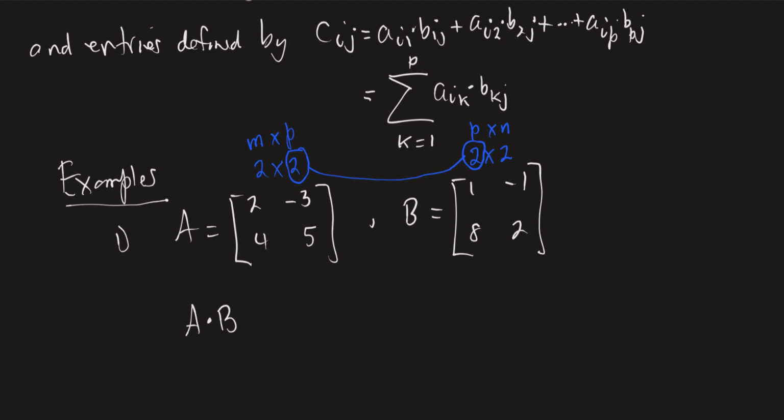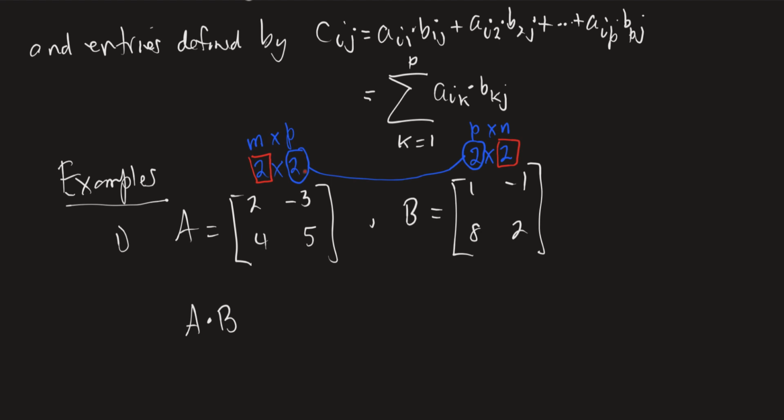And then it also says that the matrix C that we're going to get, the product of these two, is going to be an M by N matrix. So these pairs of numbers not only tell us when we can do the product, but they also tell us what the dimension of the answer is going to be, right?